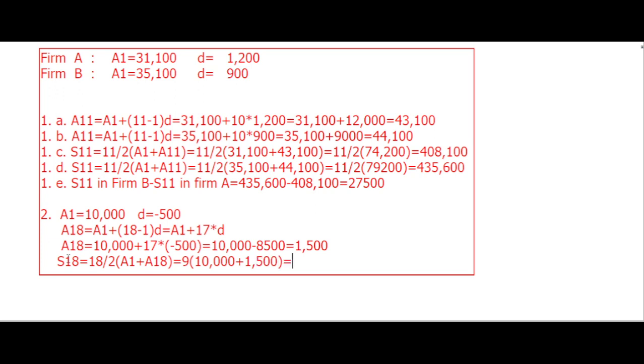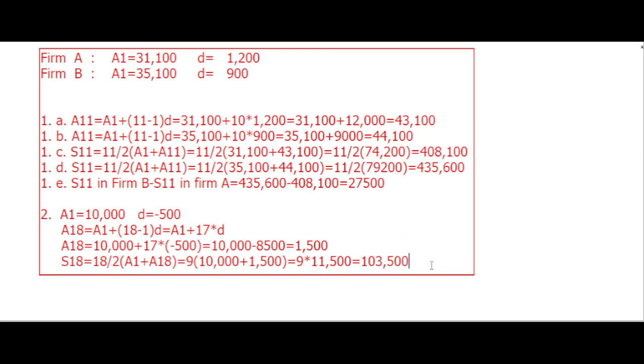Let's add these two, 9 times the sum of this, 11,500, which is equal to, let's multiply this, 11,500 times 9 which is equal to 103,500. This is S18.